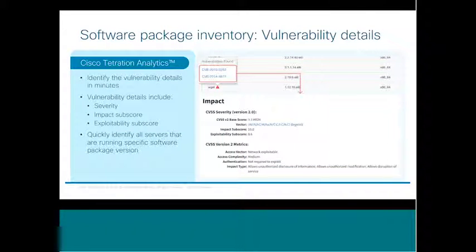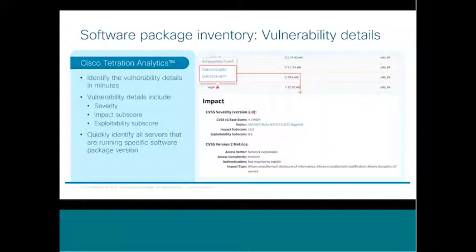So if you look at the CVE information, we identify all the software packages that are installed there, and then it gives the information about what the CVE is, and you can click on it. You can get information about it, how high it is, and how it can be exploited, all that information, and then you can take action.